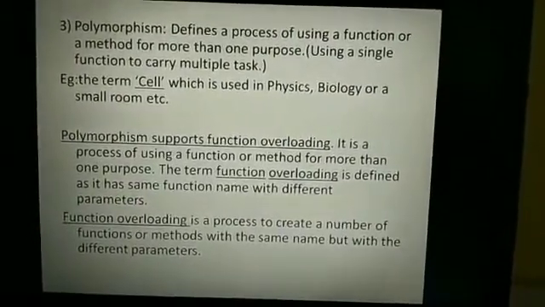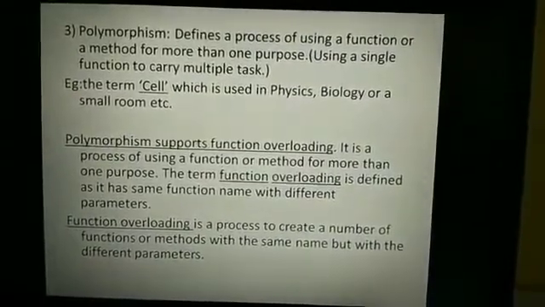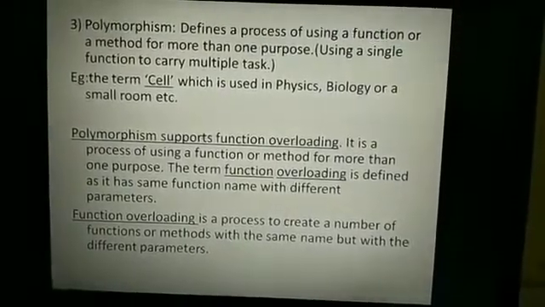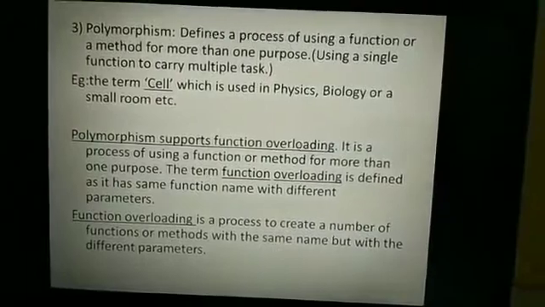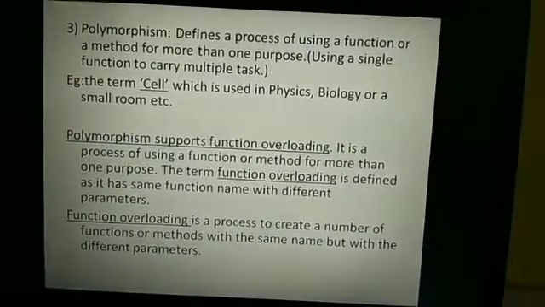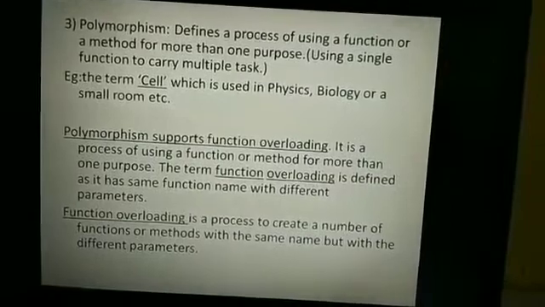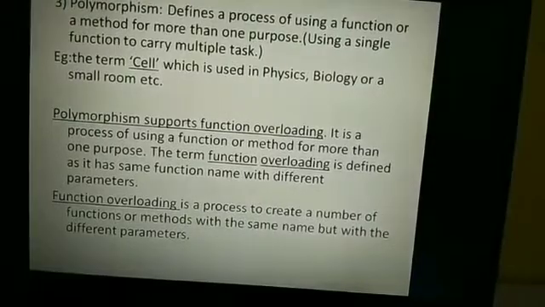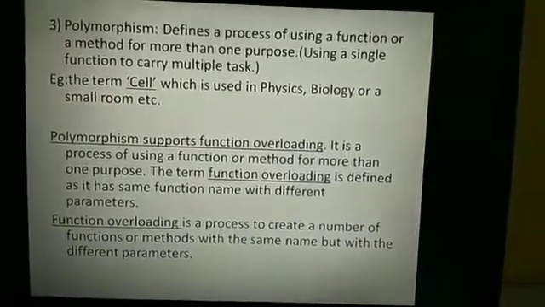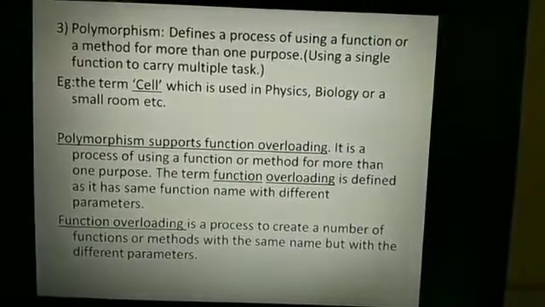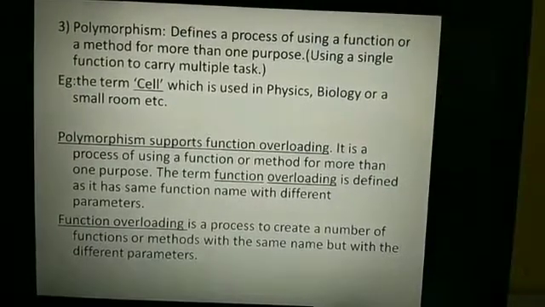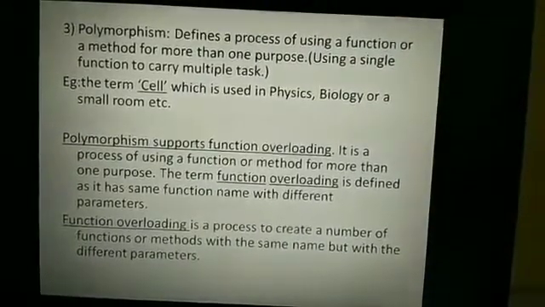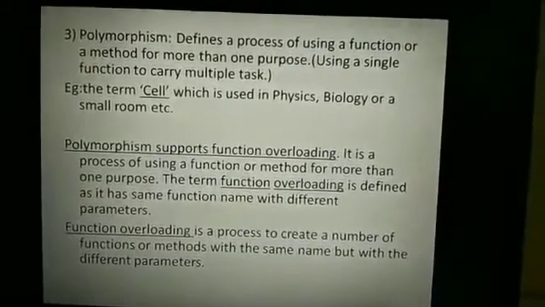Just look into one more two points: polymorphism supports function overloading. It is a process of using a function or a method for more than one purpose. The term function overloading is defined as having the same function name with different parameters. Just look at the above example.